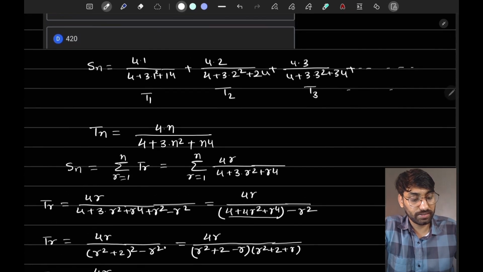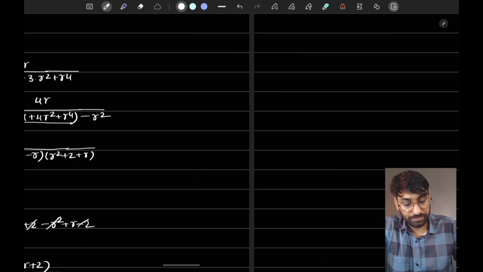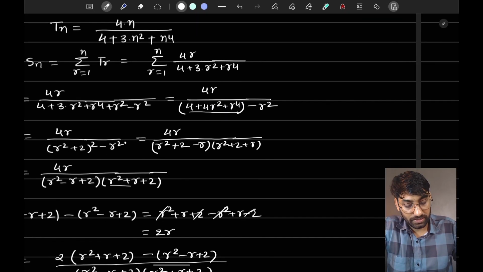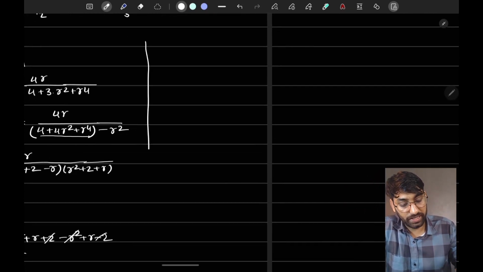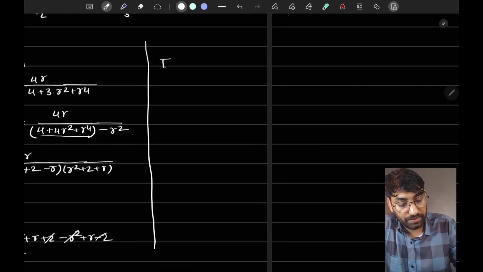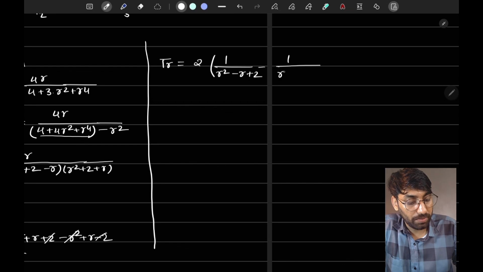Okay. Understood? So let's see next now. So I am having my TR. So my TR will become what? So I'll just make a space over here. So my TR is nothing but 2 times 1 by r square minus r plus 2, then minus 1 upon r square plus r plus 2.